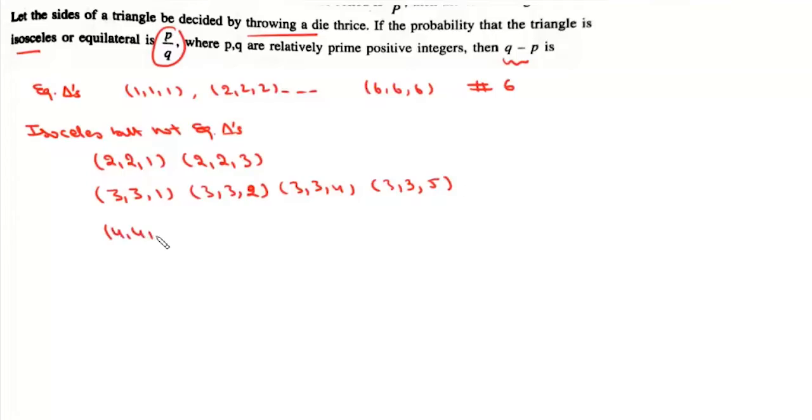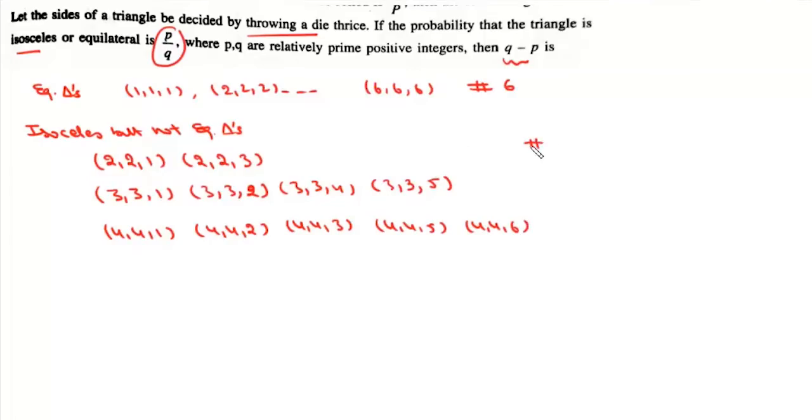Then we'll have 4, 4, 1, 4, 4, 2, 4, 4, 3. We'll discard 4, 4, 4. Then 4, 4, 5 and 4, 4, 6.